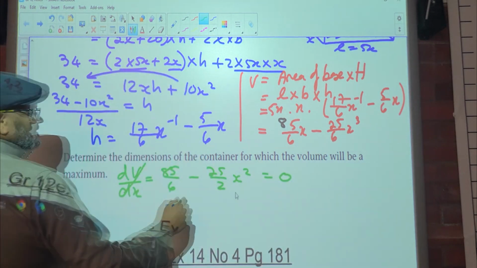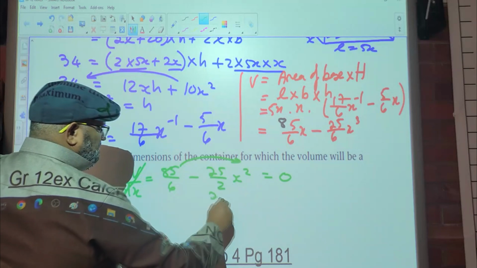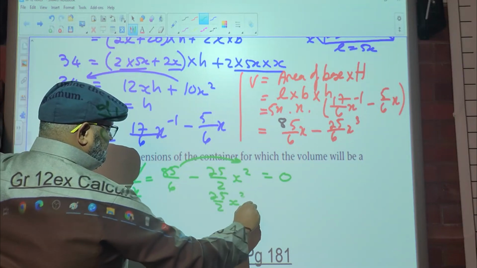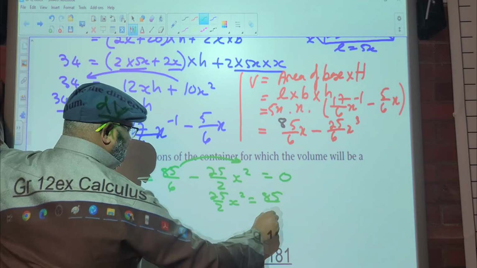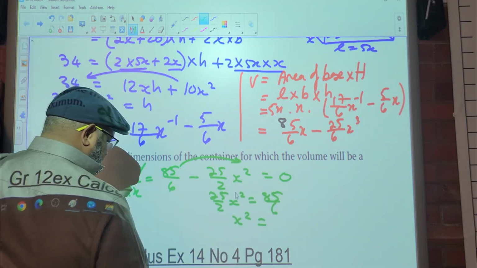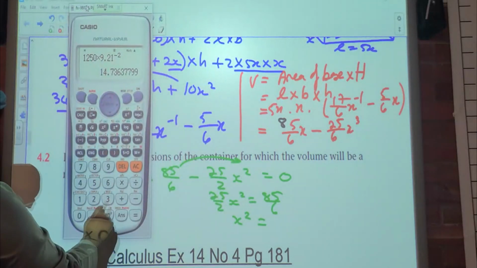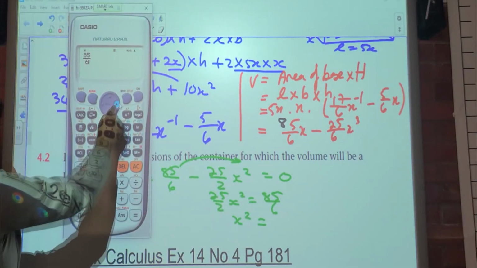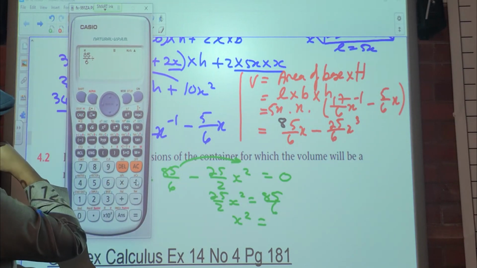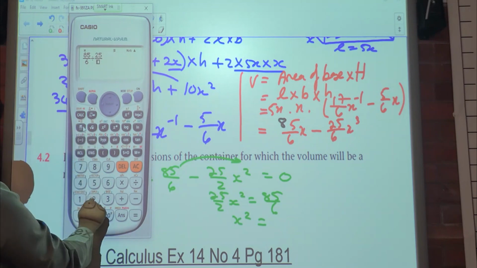So what I have now is going to get over the equal sign, so it's going to be 25 over 2 x squared is equal to 85 over 6. So x squared is equal to, I'm going to do that in my head, 85 over 6 divided by 25 over 2.